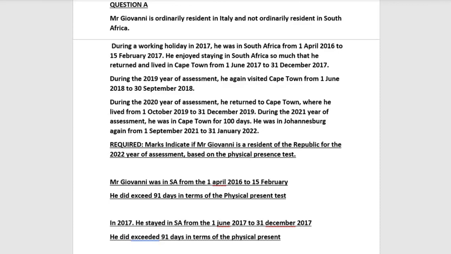So the only thing that you must do is say, in terms of the requirement, the person has been in the country for more than 91 days, but these are the exact dates that this person has been here. If it is, let's say 92, you just write the current year of assessment for that specific year, and then say, let's say 200 days, which is more than 91 days. You understand? And then you can further elaborate to say that the person was a resident in the country. But in this question, in all the years of assessment they do meet the requirements.